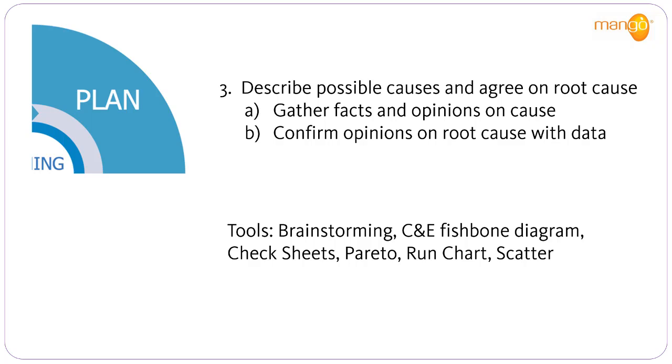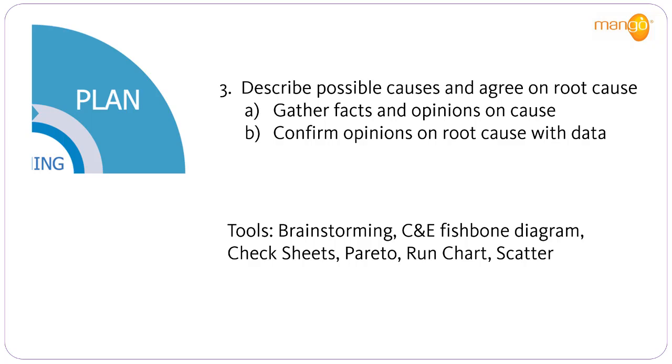So you actually have to go through step 1 and step 2 before you start to do that, just to hold yourself back, get your data going, get your team together, map out the process, then you start looking at possible causes. Part of step 3, you're gathering your facts, and you're, as a team, garnering opinions from the team on potential causes of why there are late deliveries. You confirm those opinions with some data.